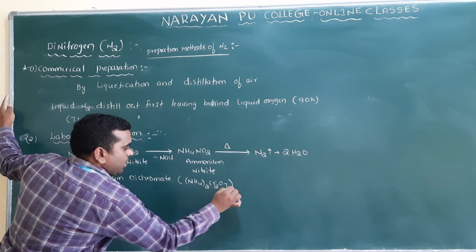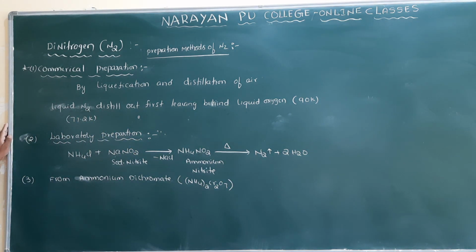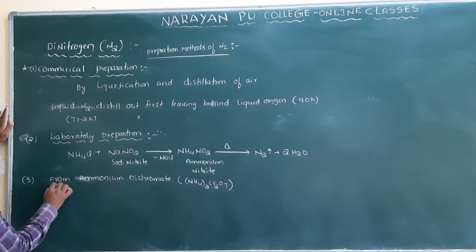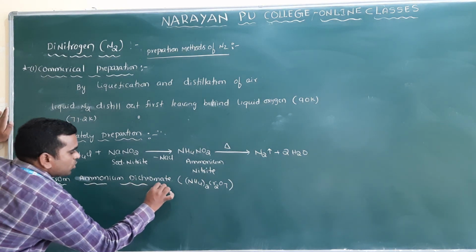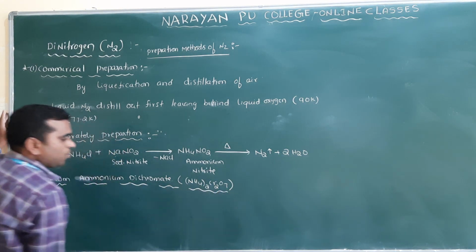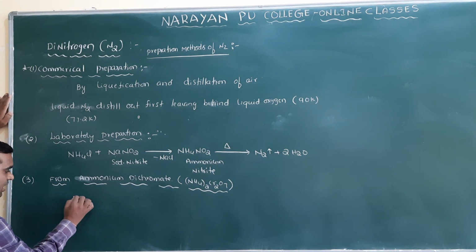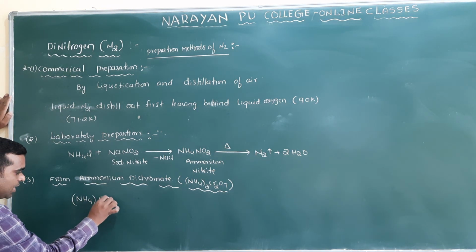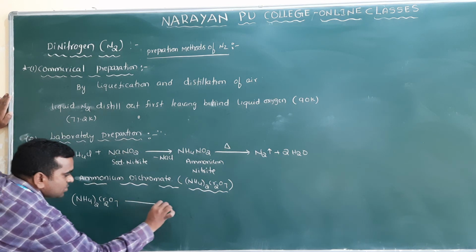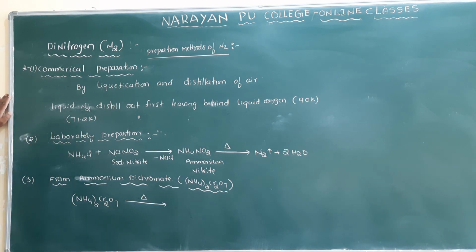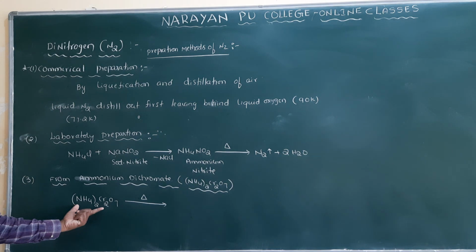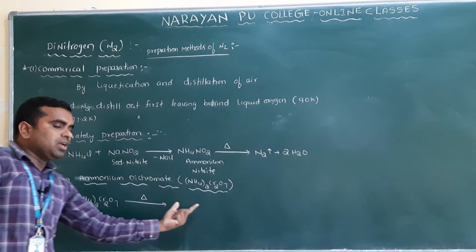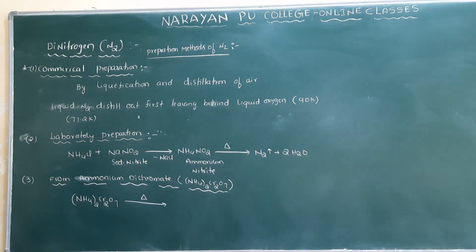Instead of that, ammonium should be there, (NH4)2Cr2O7, that is ammonium dichromate. And from this, thermal decomposition of ammonium dichromate: thermal decomposition means take the ammonium dichromate and heat it. This is what we call thermal decomposition. Thermal decomposition of ammonium dichromate produces nitrogen gas, clear?